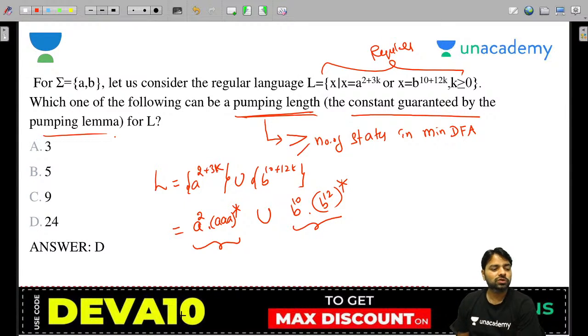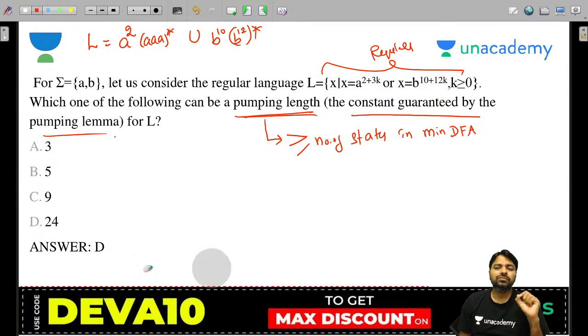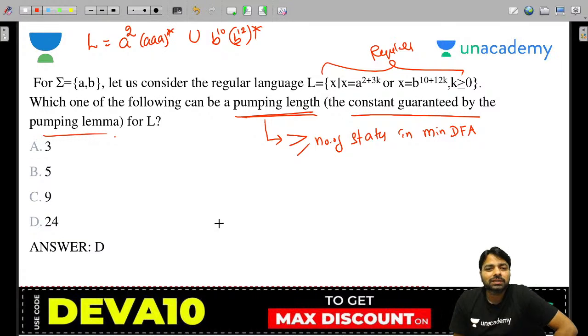I'm just writing this here because I need to design a machine. By understanding the given problem, this is the language.